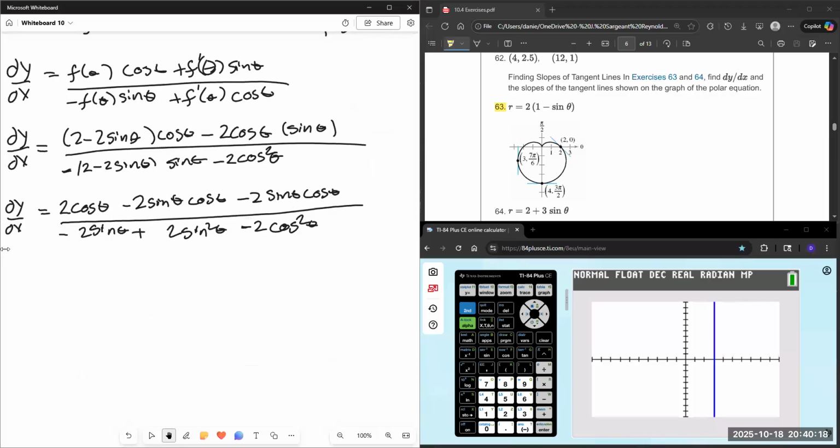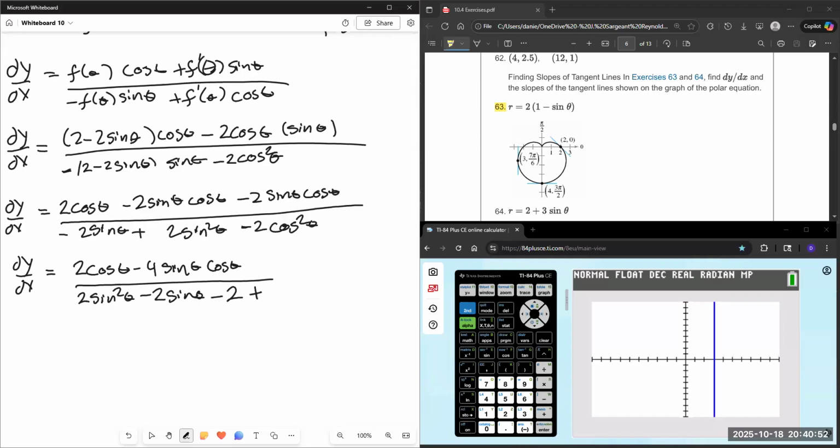And dy dx is, let's see, 2 cosine minus 4 sine cosine over 2 sine squared minus 2 sine minus 2 plus 2 sine squared, is 4 sine squared minus 2 sine minus 2.